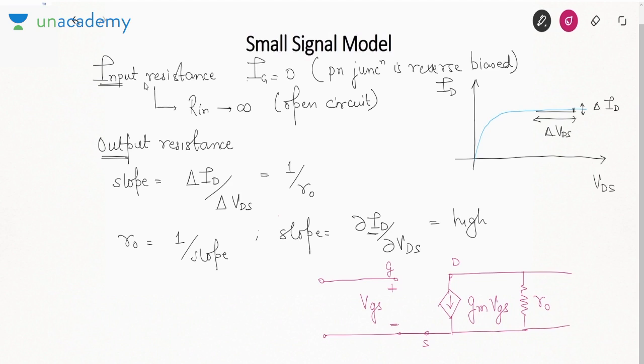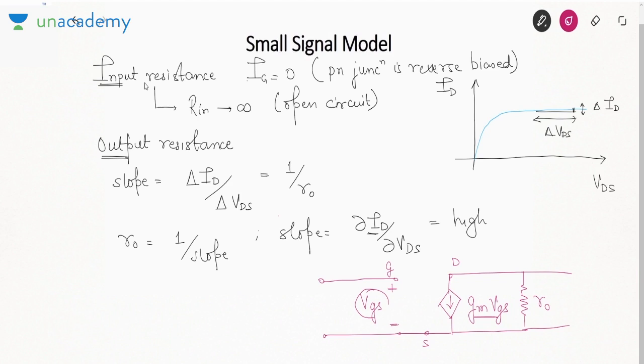So that will be the small signal model of a JFET. The best thing about this model is that the gate to source junction is reverse biased and open circuited, so the analysis will be much simpler as compared to the analysis of BJT.